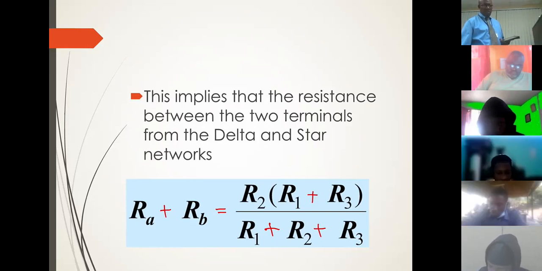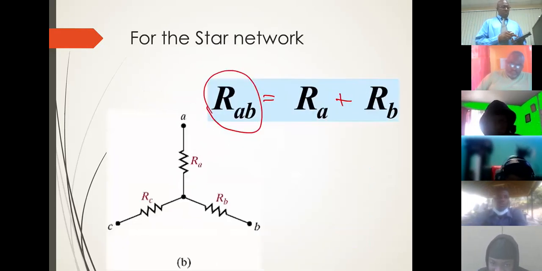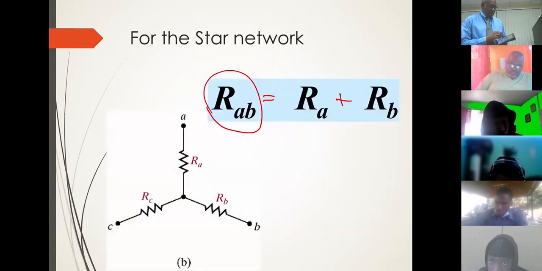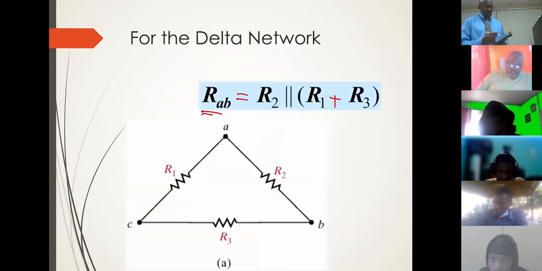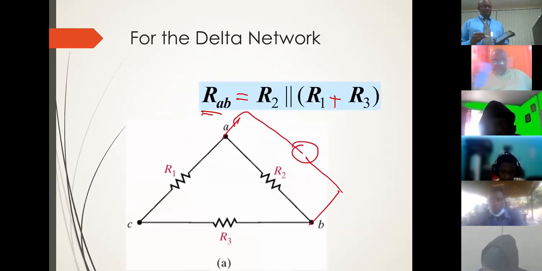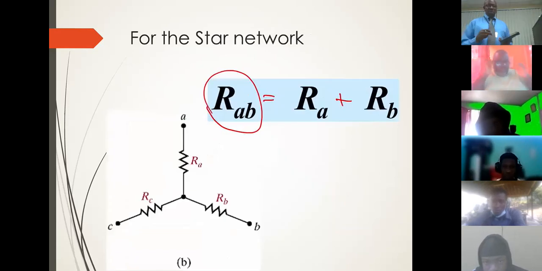So you can go back to the delta network for a quick second, please. All right. So quickly, for the delta, if I go across, I'm looking into that pair of terminals. I have R2 in parallel with R1 and R3 in series. And for the star, it's RA plus RB.